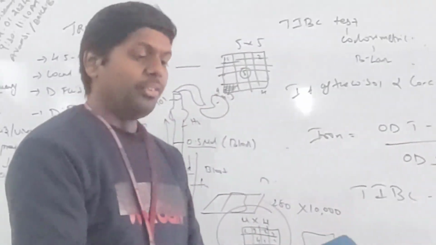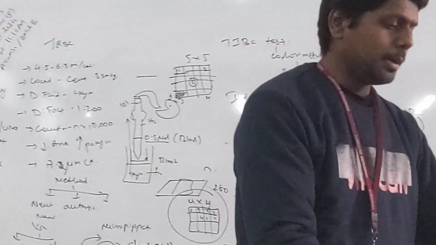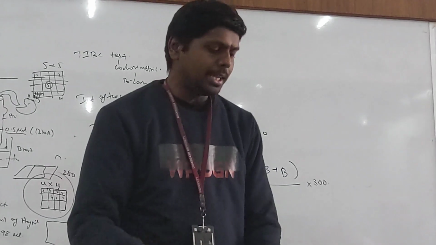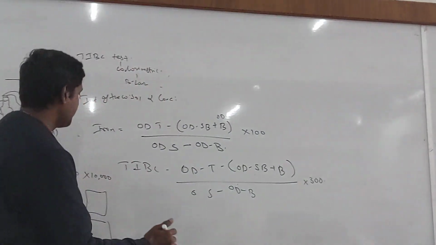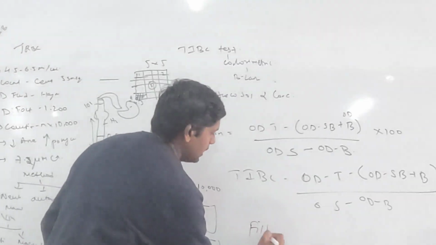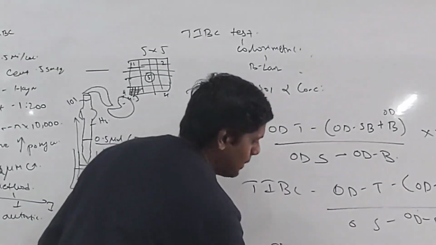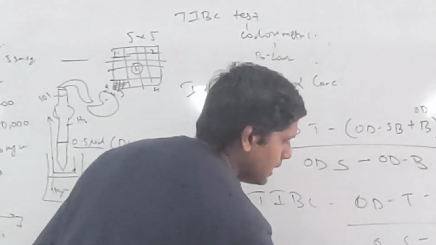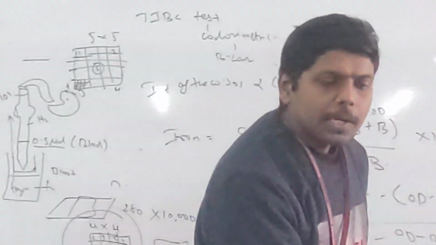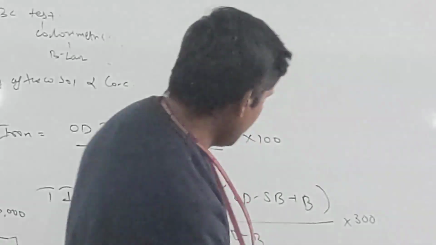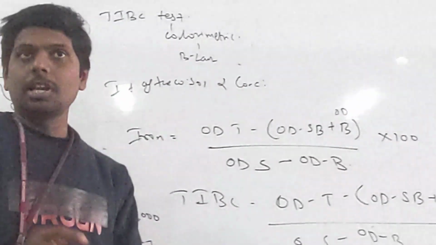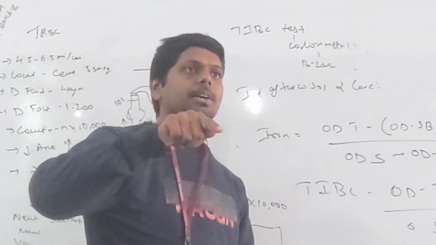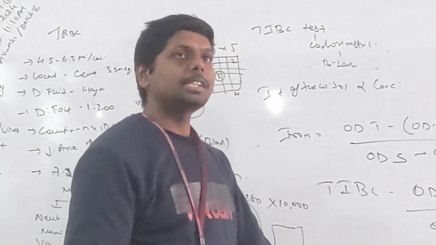Then the filter. So for every colorimetric method, we have filters, right? Wavelength. So here the filter, or the wavelength lambda, will be 570 nanometers. So you already know, right? You need to select the filter in the colorimeter before doing all these things.